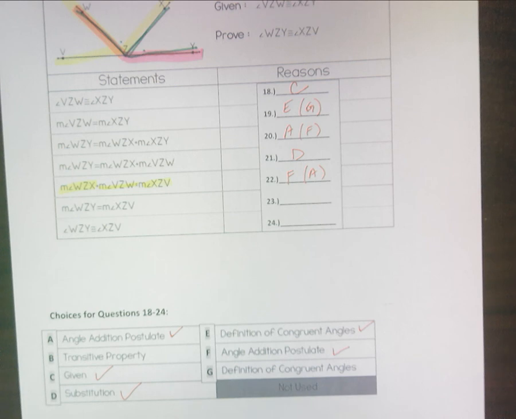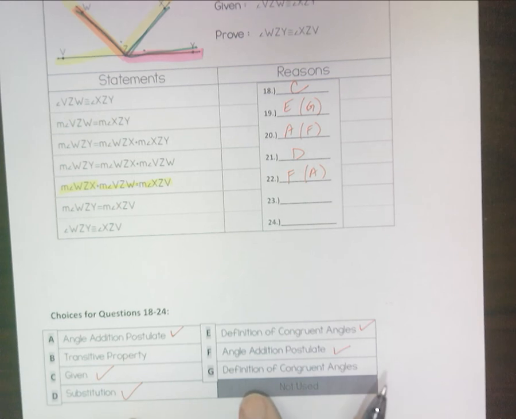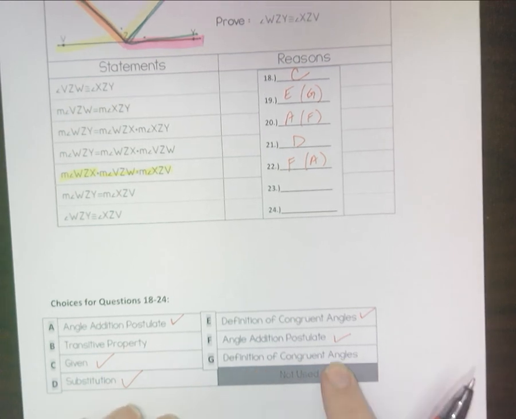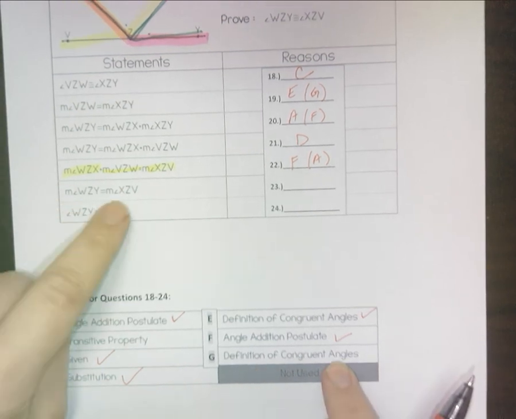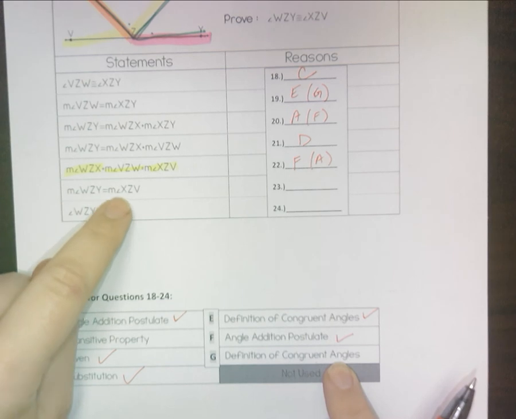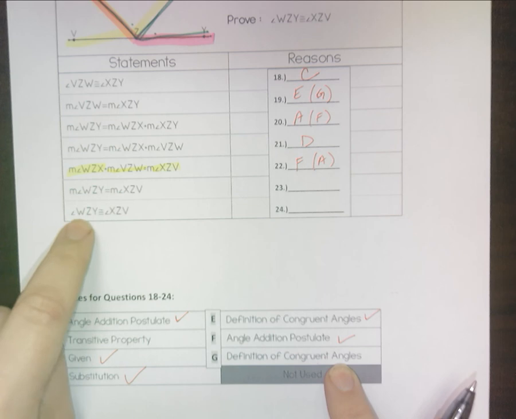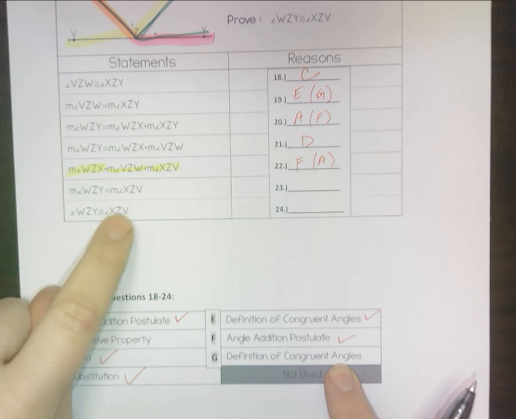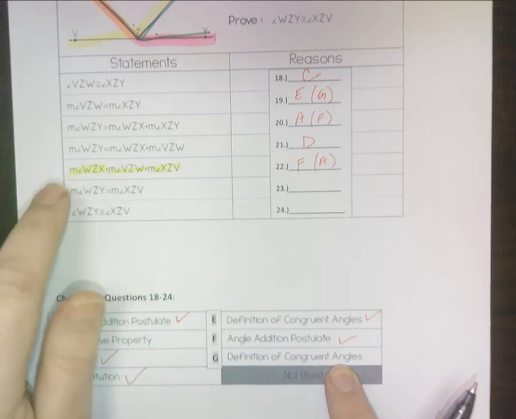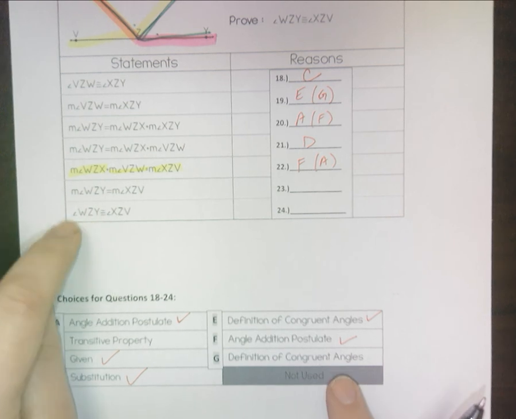So what do we got left? Look at this. We got a transitive, which is kind of like substitution. It's making a train. And definition of congruent angles. So let's see. I've got the measure of angle WZY equals the measure of angle XZV. And then here I've got WZY congruent to XZV. When you go from M's to squiggles, remember that's your definition of congruence.